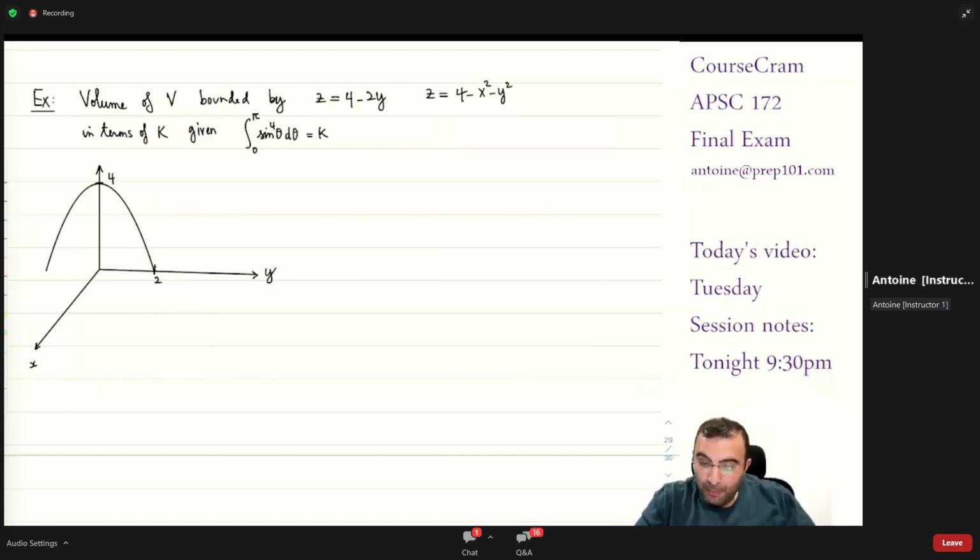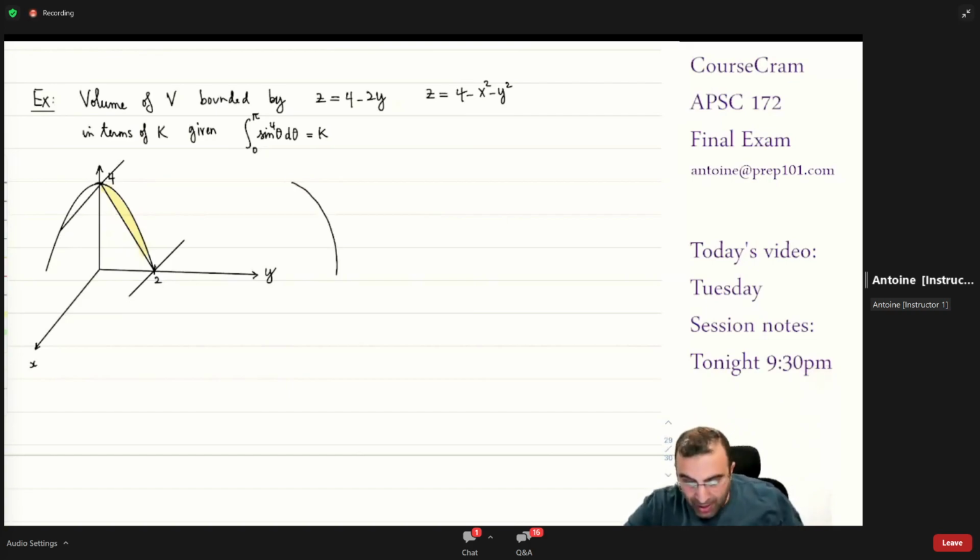But now z is equal to 4 minus 2y. It's this plane right here that extends on all sides. So the volume is this. Now, I'm going to attempt to draw it for you. You have a paraboloid like this, right?